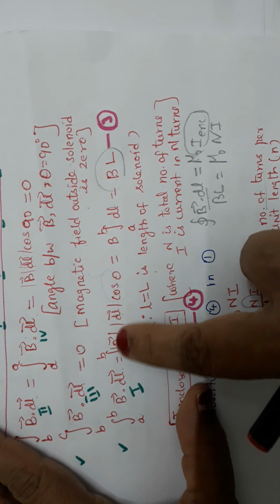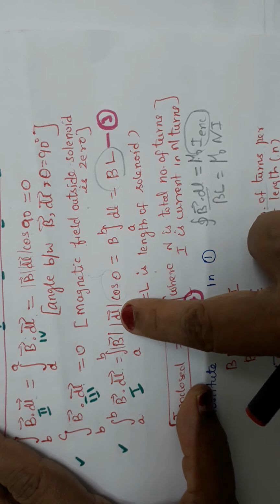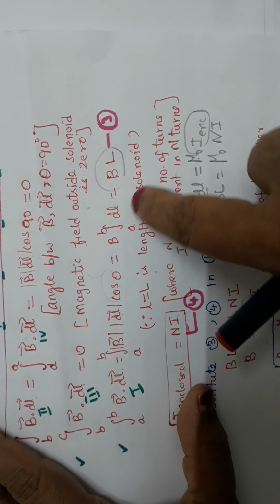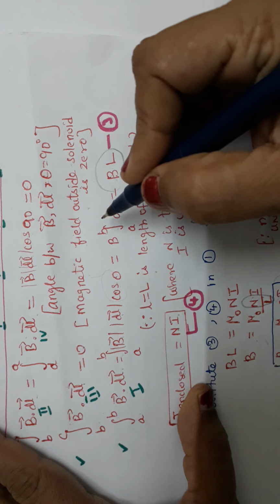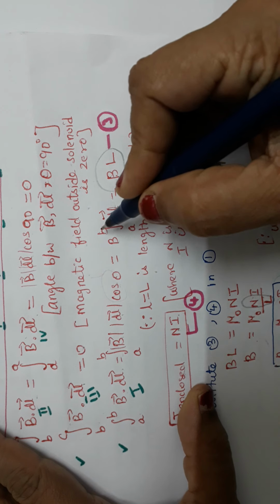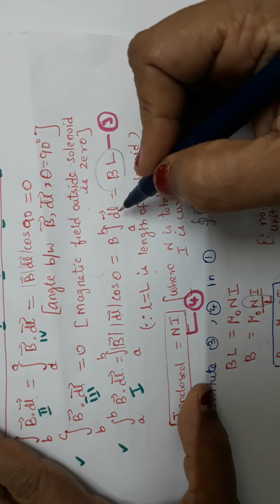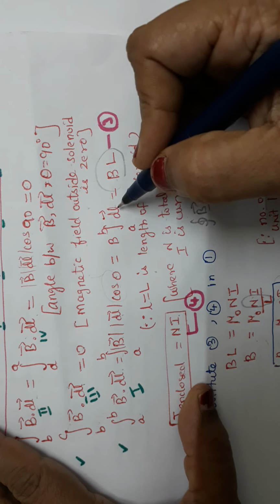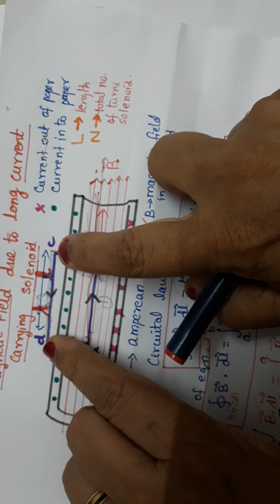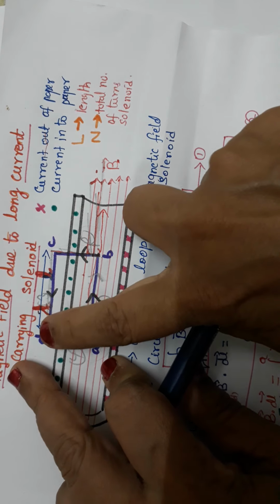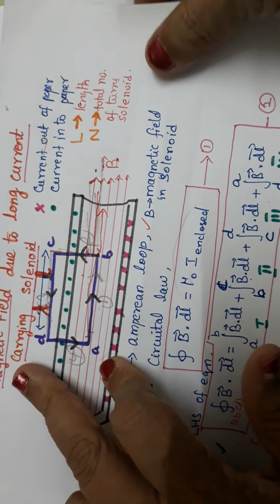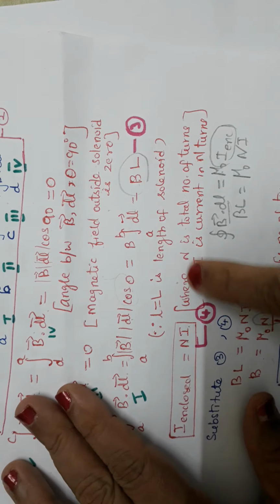So what is left over? B is a constant, take it out. So integral dl from A to B, you will get L, right? Integral dx is x, same way integral dl is L. So L is what you see, this length, this AB, that is CD length, I am considering it as L. So integral dl is L, right children?